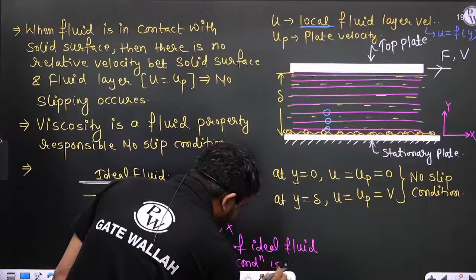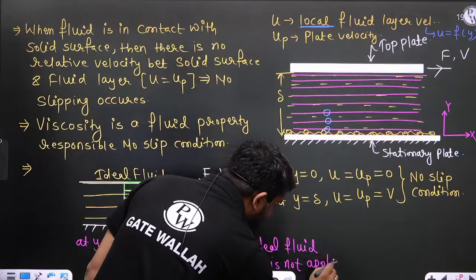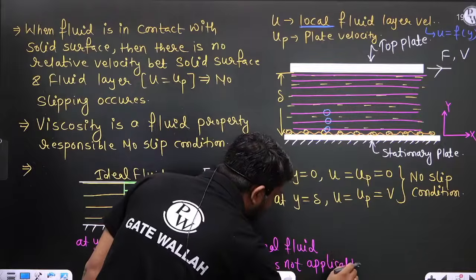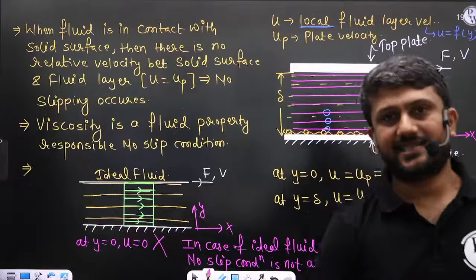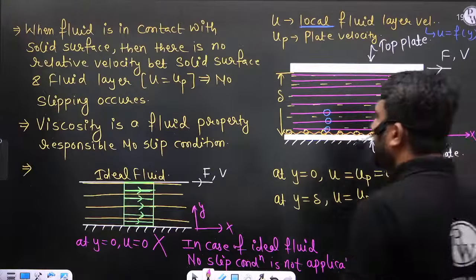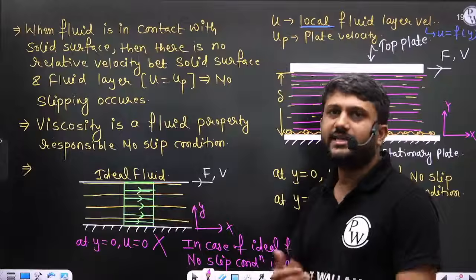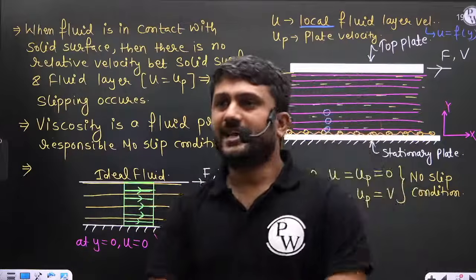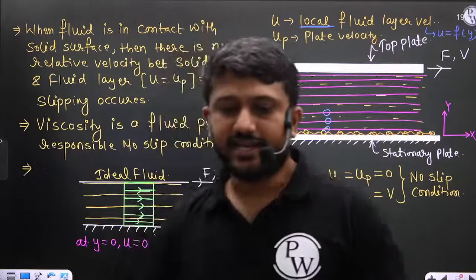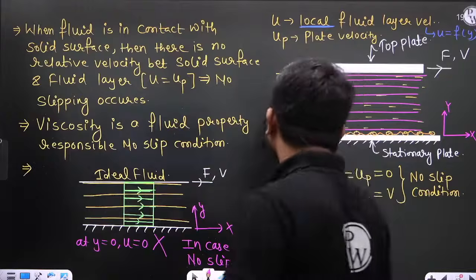Each layer has the same velocity because the fluid layer does not experience any resistance or any shear resistance. Is it clear to everyone?